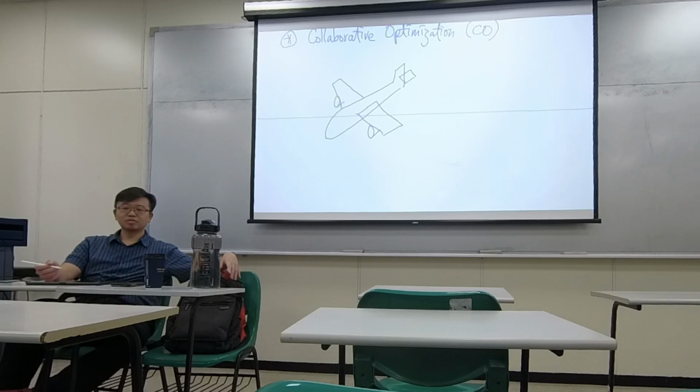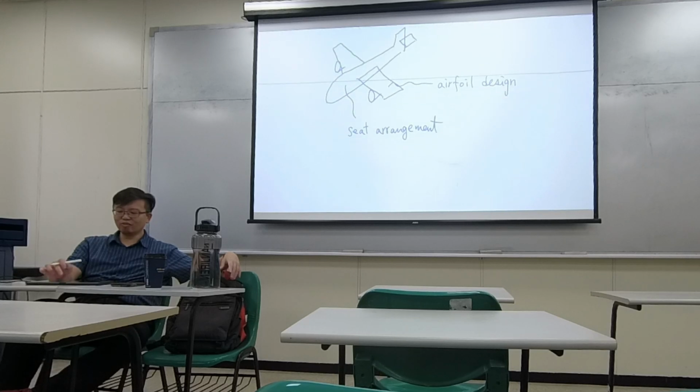Right? So what are possible optimizations in the design of an airplane? You may have the airfoil design problem. You may have a seat arrangement problem. You may have flight control problems.